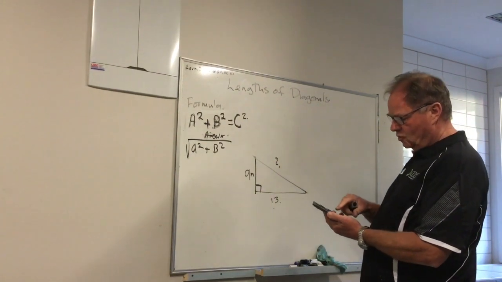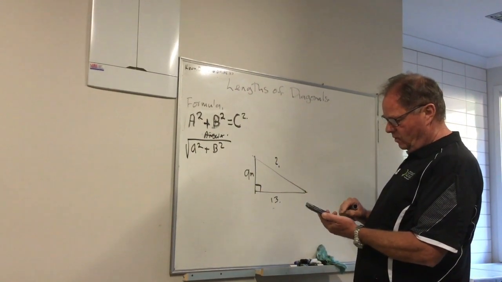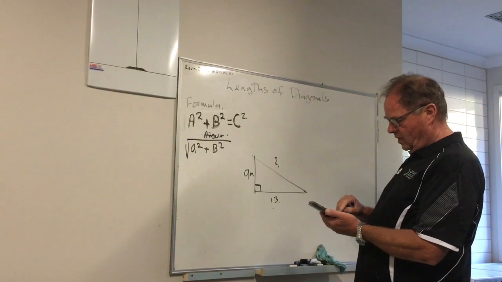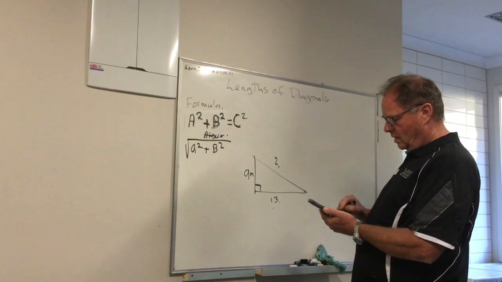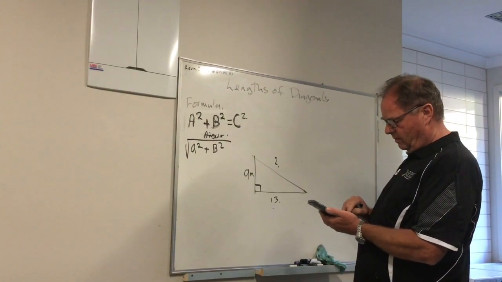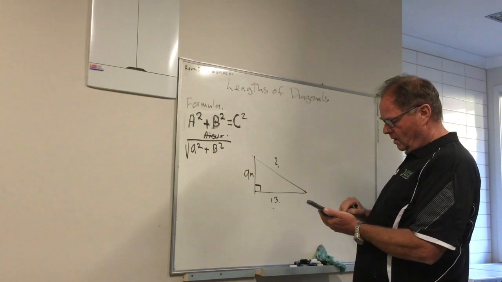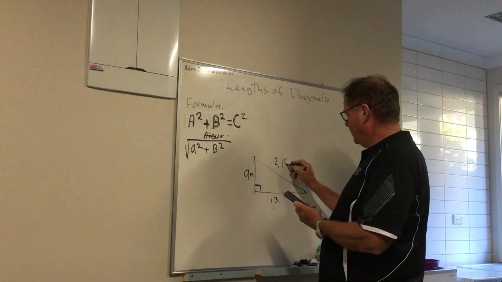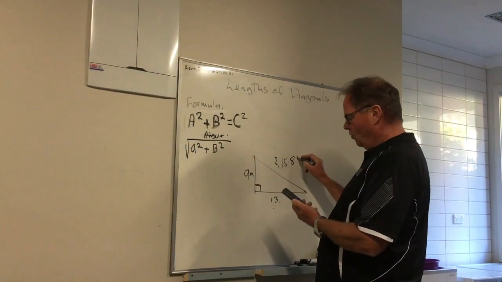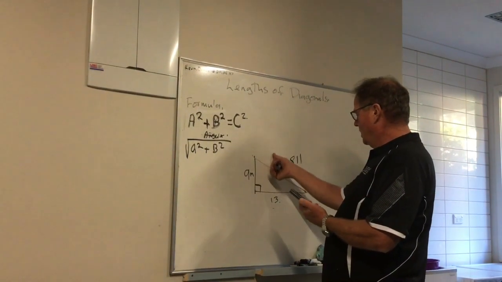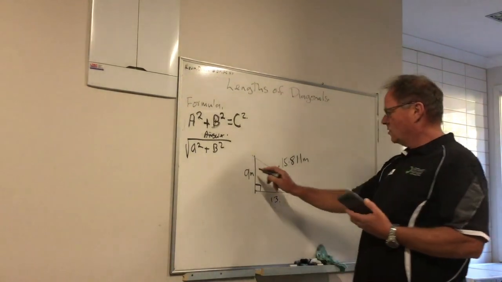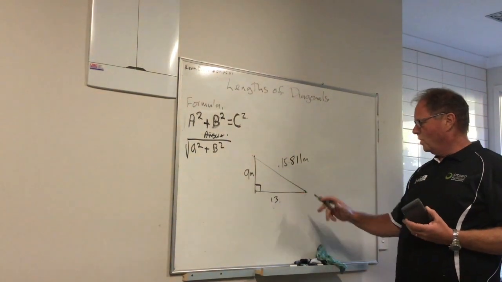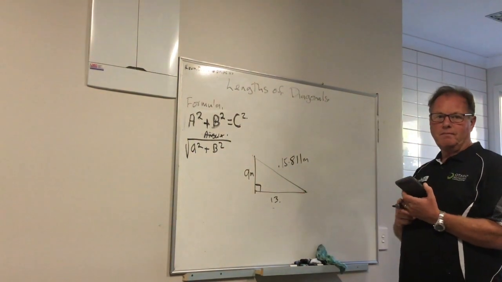So we've got a square root button on our calculator. Square root of 9 squared plus 13 squared equals, and I get an answer of 15.811. So there's our answer there. If we had a triangle 9 by 13, that equals 15.811.